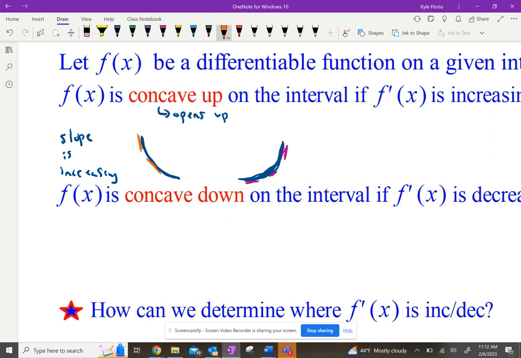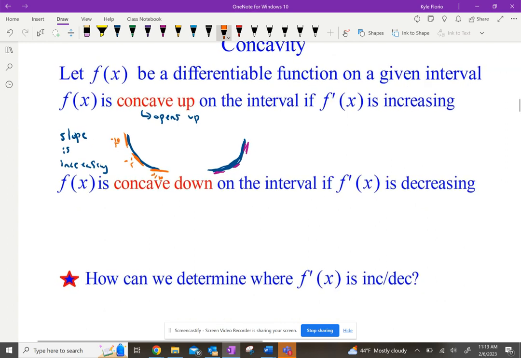And here the slope is like 1, and now it's getting closer and closer to a half or 0. So although the function is decreasing, the slope is getting flatter and flatter, so the slope is increasing. We're going to call that concave up.